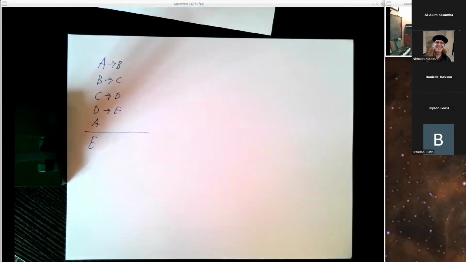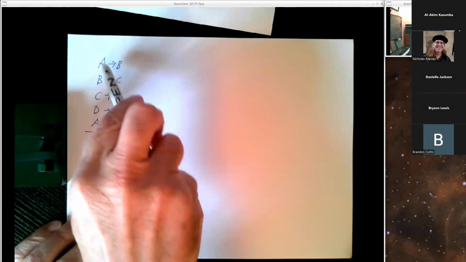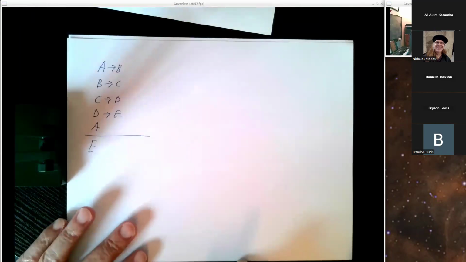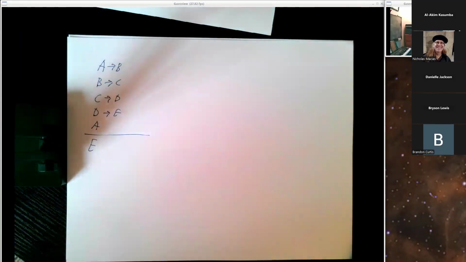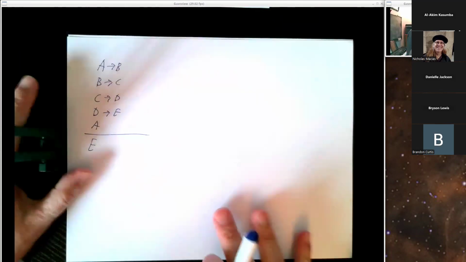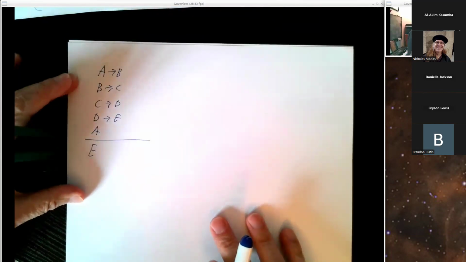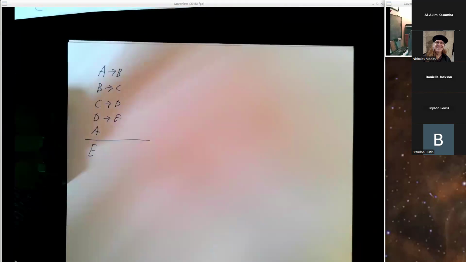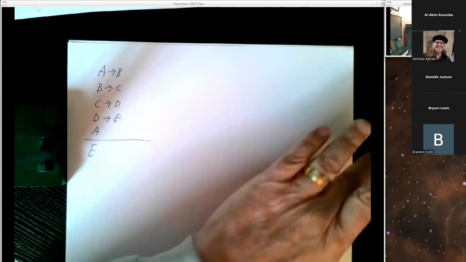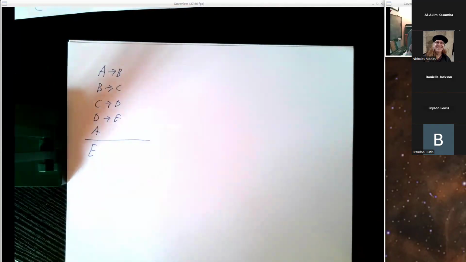To prove this with a truth table, I've got A, B, C, D, E, 5 variables. I'm going to have 32 rows in my truth table. And that's a lot of work. So we could do this exhaustively with a truth table, and a computer could do it easily. But for a human, it's easier sometimes to work with these laws of logic and get to the conclusion that way.